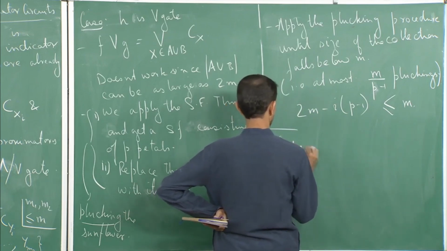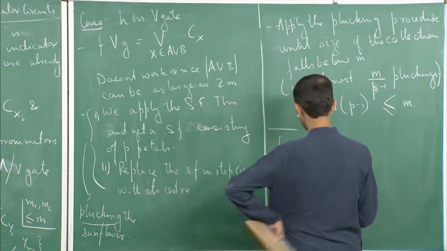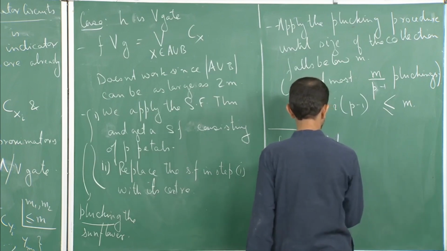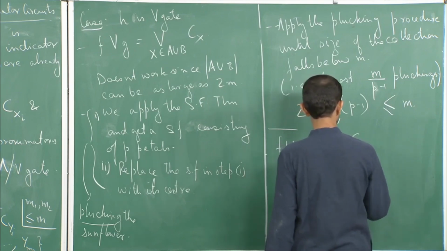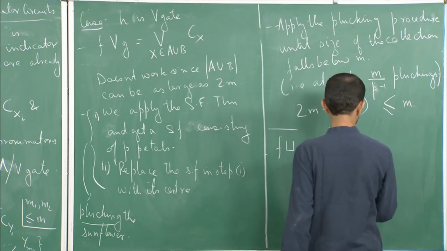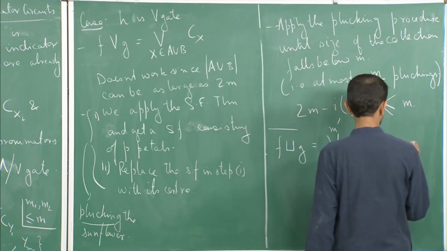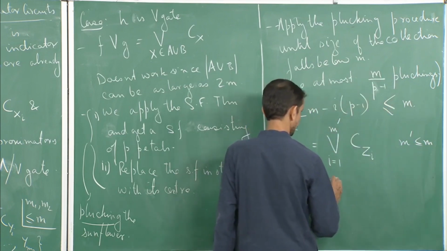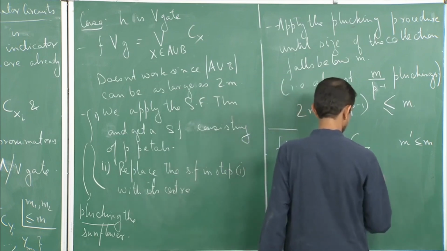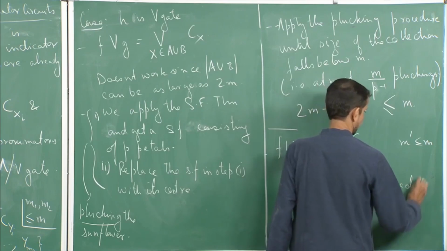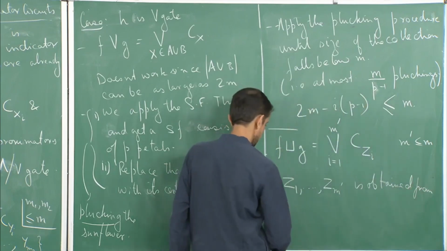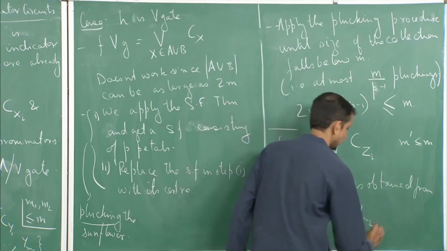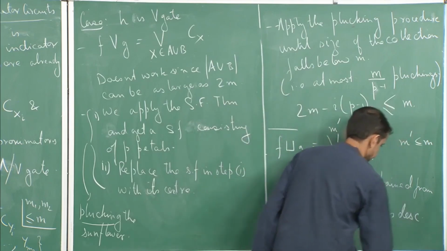So f OR g is equal to an OR of i going from 1 to some m prime of C, let us say Z_i, where m prime is at most m, and Z1 up to Z m prime is obtained from x1 up to x_m1, y1 up to y_m2 as described above.